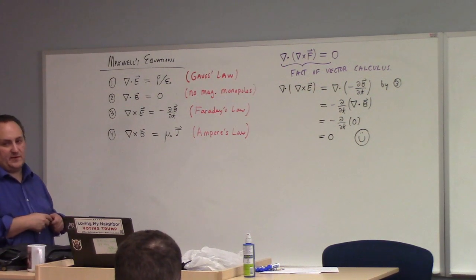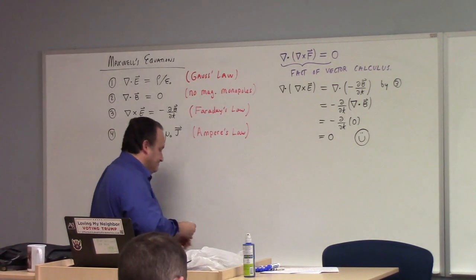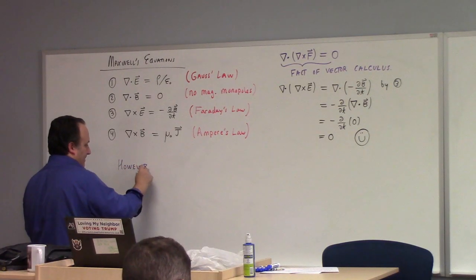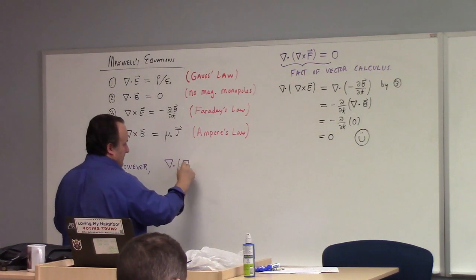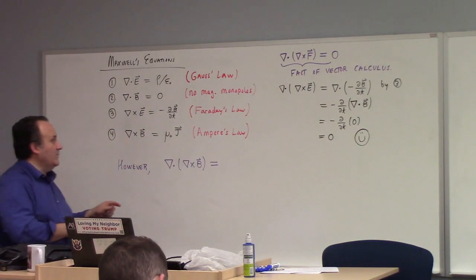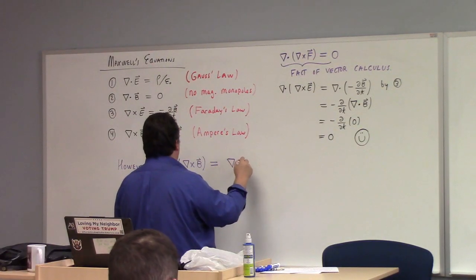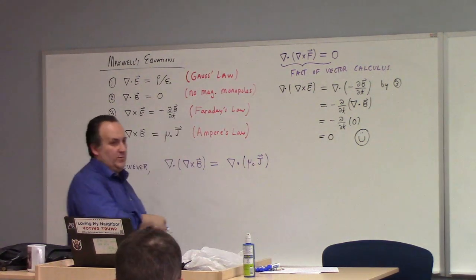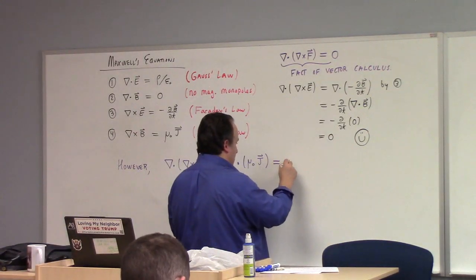But what happens when we look at the curl of the magnetic field? If we look at the divergence of the curl of B, what do we get? Well, the curl of B by Ampere's law is mu naught times J. And mu naught's a constant, thankfully.